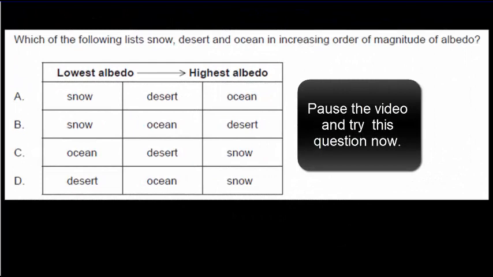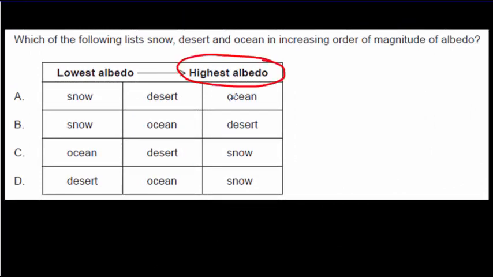Another IB multiple choice question. Pause the video, try the question, come back for the answer. High albedo corresponds to something that's quite reflective. And out of these three surfaces, I definitely say that snow is the most reflective surface. The fact that it's white means that all the colors of the visible spectrum are reflecting off it.